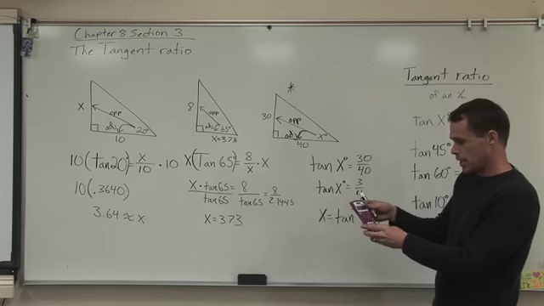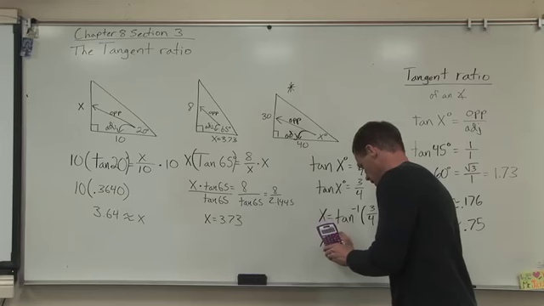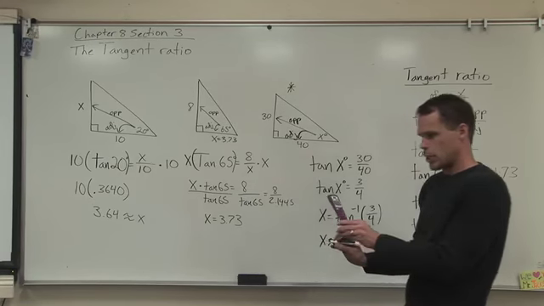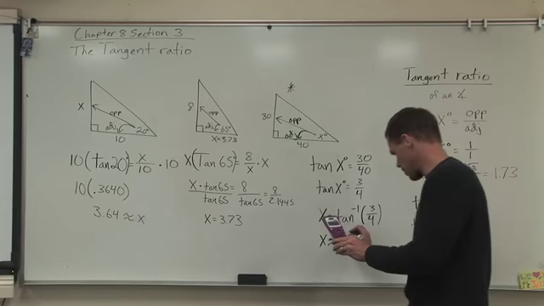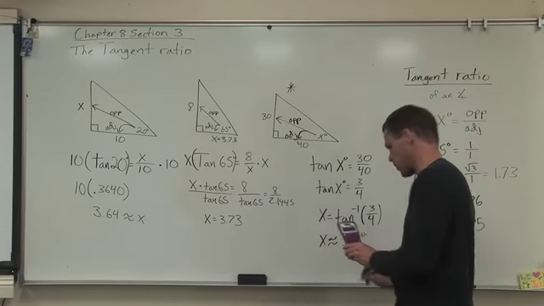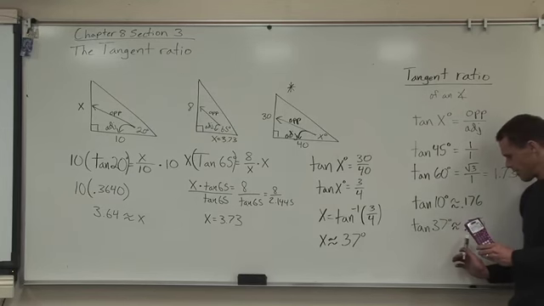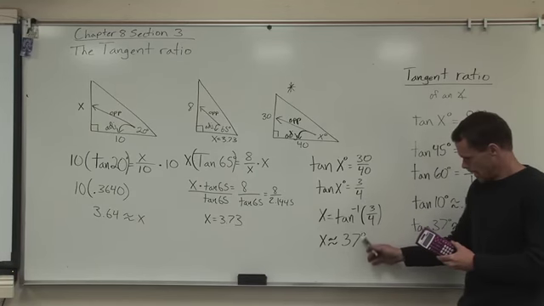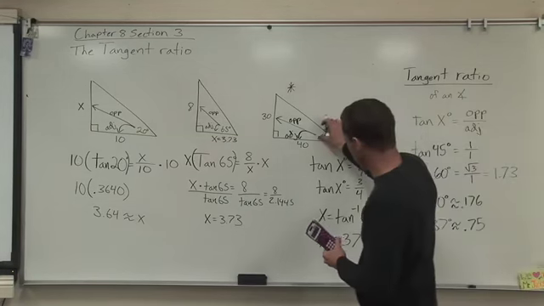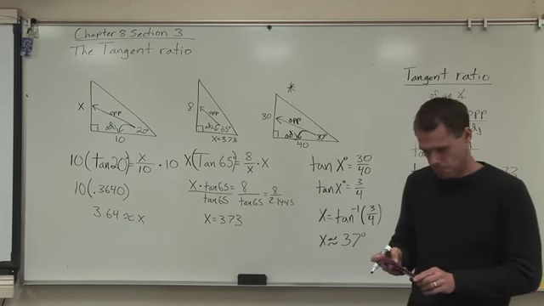When I hit enter, it tells me that x is approximately 36.8. Well, that's approximately 37 degrees, because the tangent of 37 is approximately 0.75, and 3/4 is 0.75. The angle we were looking for earlier is approximately 37 degrees.